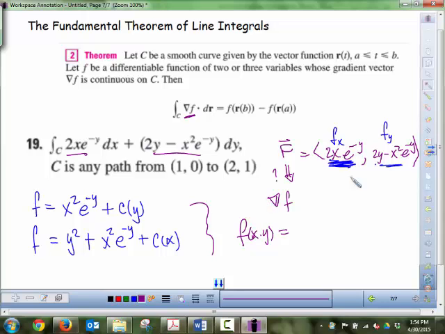What do you think it's equal to? It's x squared e to the negative y plus y squared, and if you want, you can throw in a real constant now with no x's or y's. You see how this thing could possibly be that, and then this thing could just be nothing. So now we've extracted our original function, little f. Little f, by the way, is called a potential function.